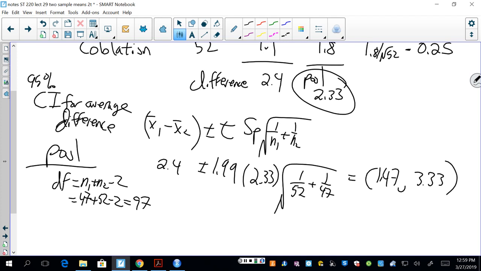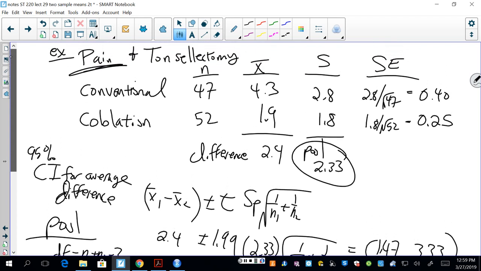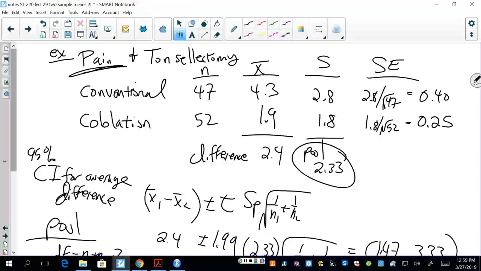So that's a 95% confidence interval for the difference in average pain scores from these two procedures. So which one do you want to use? The new method had the lower pain scores, it's conventional minus coblation. You get this reduction in pain.